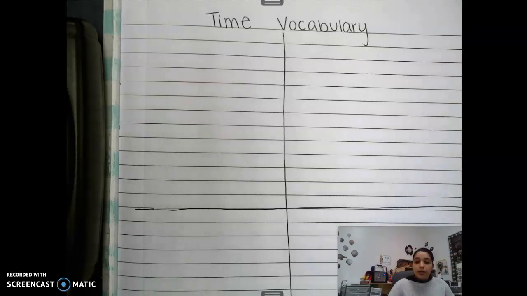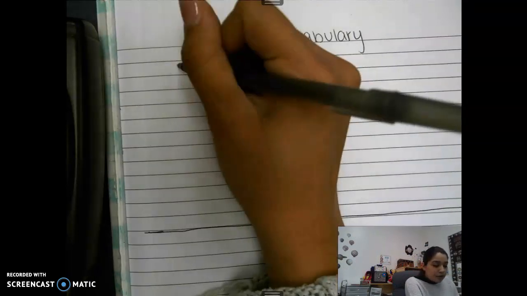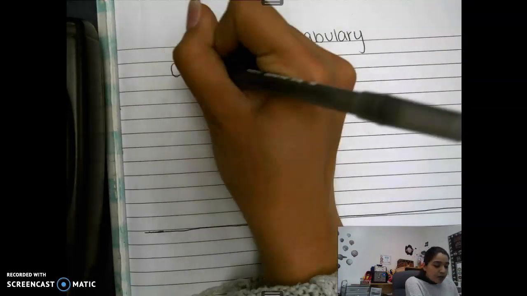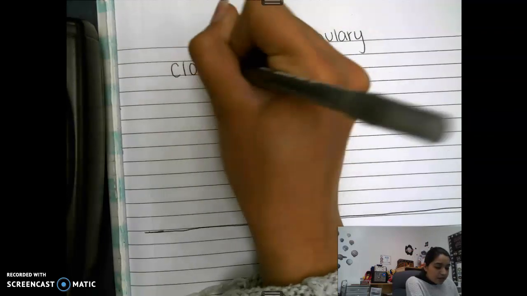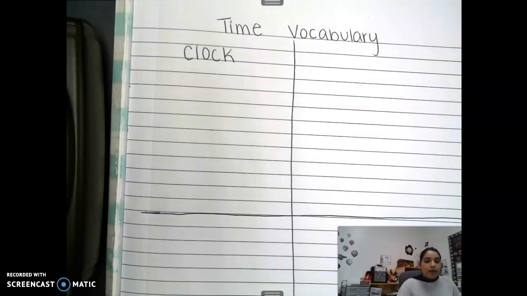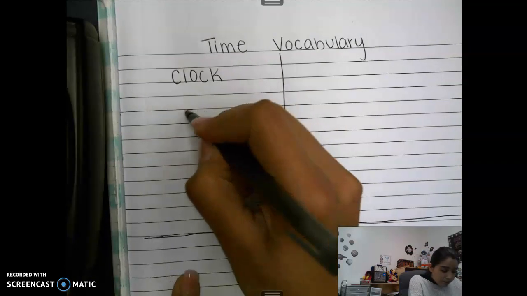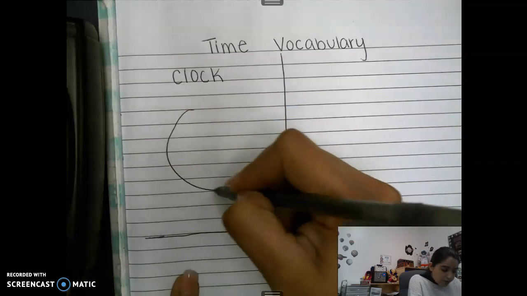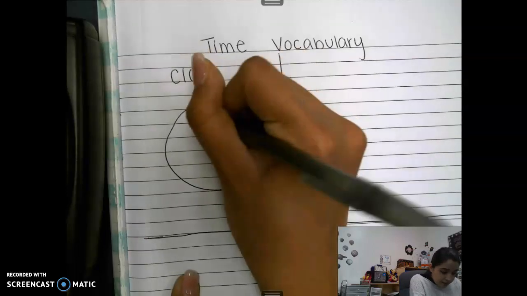So I'm going to look at clock and I'm going to write down the word clock. C-L-O-C-K. Clock. Okay. And I'm going to go ahead and draw my clock. So I'm going to draw a circle, and I'm going to draw my clock.